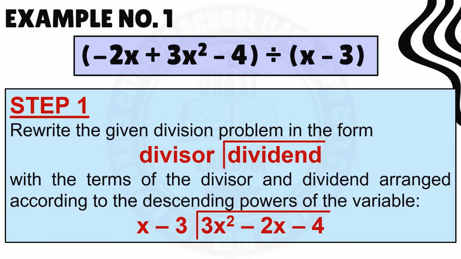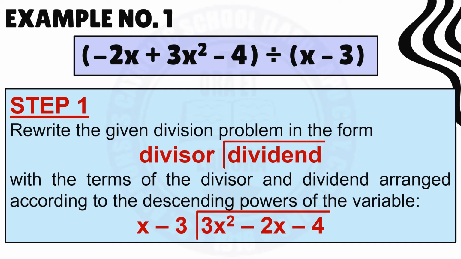Example number 1. Negative 2x plus 3x squared minus 4 divided by x minus 3. Step 1 would be to rewrite the given division problem in the form of dividend divided by divisor, with the terms of the divisor and dividend arranged in descending powers of the variable.